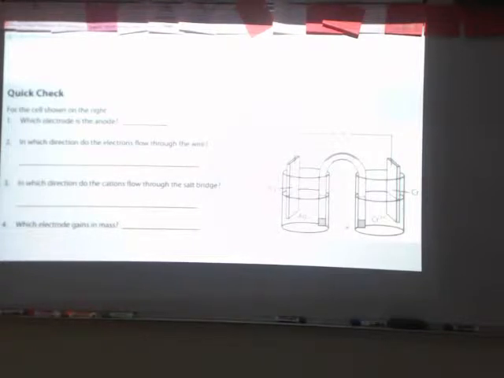Oh wait, so this Cr is above it. Cr plus 3. Well, no, you don't necessarily. I was just looking at these ones. Because of Ag, Ag is above it. The Cr is... So I'd say the anode is Ag. Right. Okay. So which electrode is that? It's where the oxidation occurs. It's the anode. Ag or Cr.